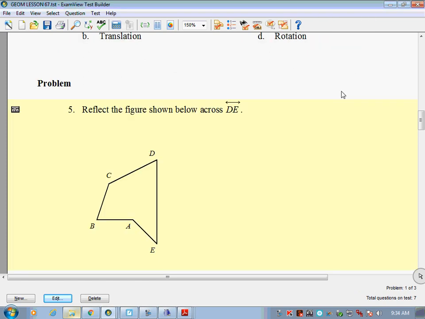All right, 5. Okay, this one we'll do. All right, does anybody want to come up and actually show me if my line of reflection is DE? Anybody want to try to draw? Okay, Brady? I'm going to reflect across line DE.